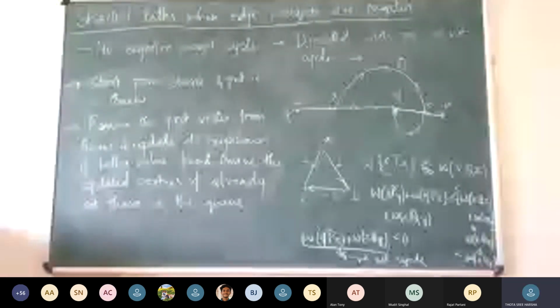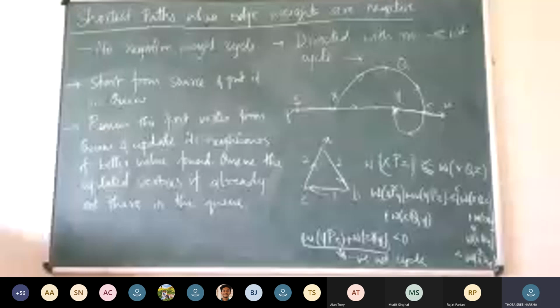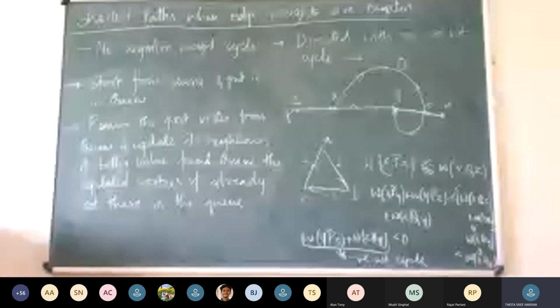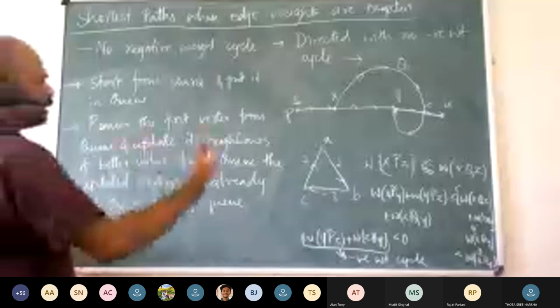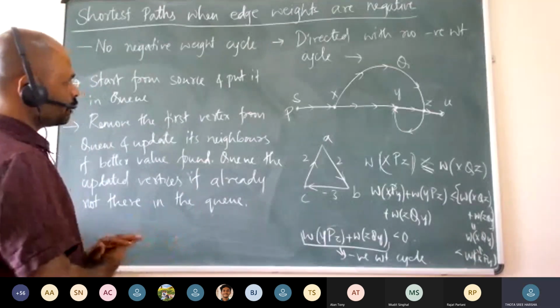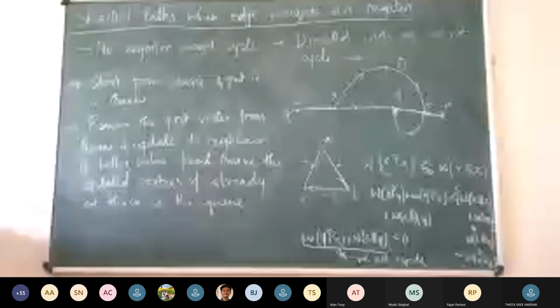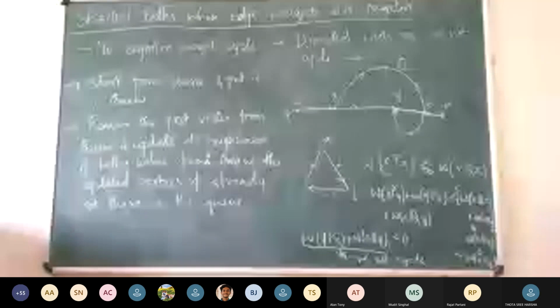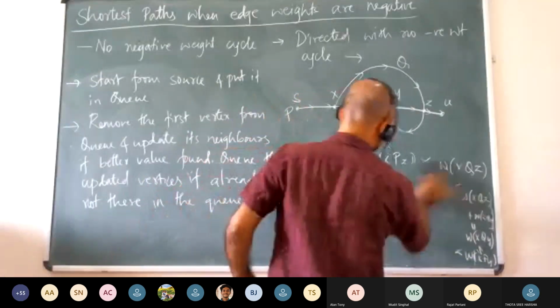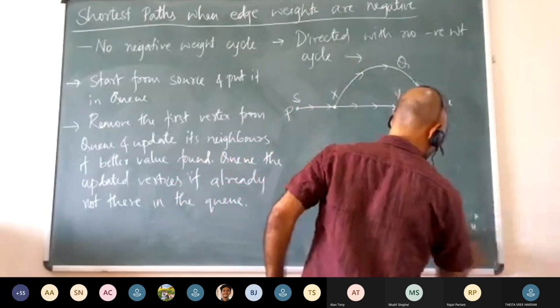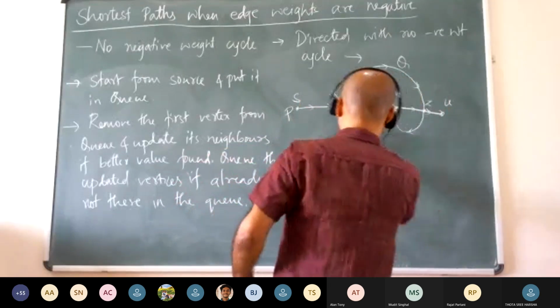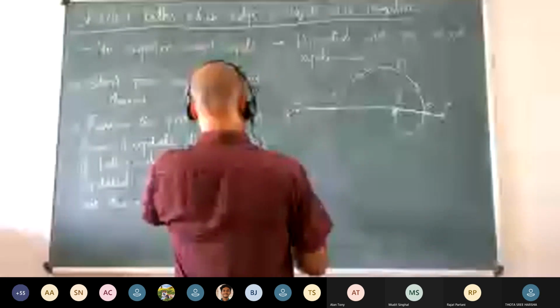Sir, can you explain again why the shortest path property is holding? Like, why is it still true in directed graphs without negative weight cycles? Yes, sir. Okay, so let us go through it slowly, because that is a very important property. So what did we sort of say? Okay, let this be the picture.